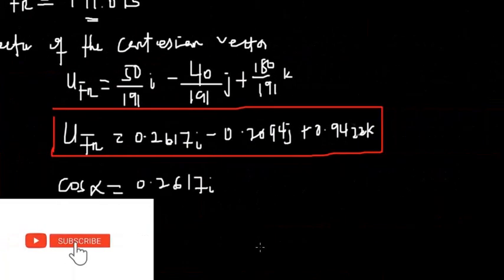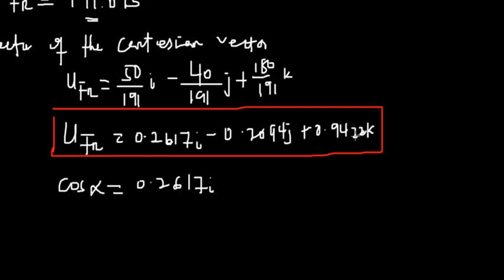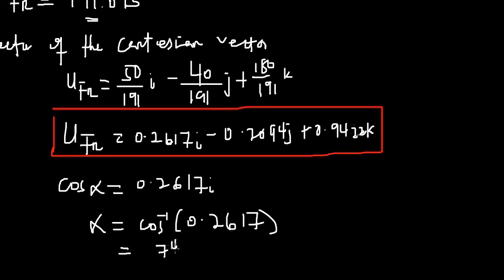So we could find alpha from here. When you punch this on your calculator, you end up with 74.8 degrees.